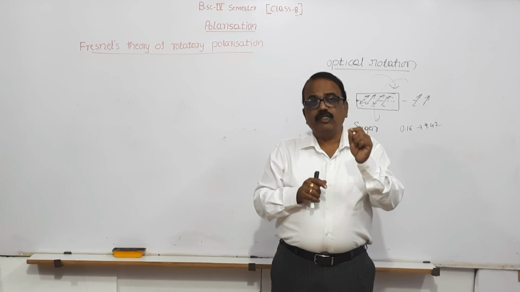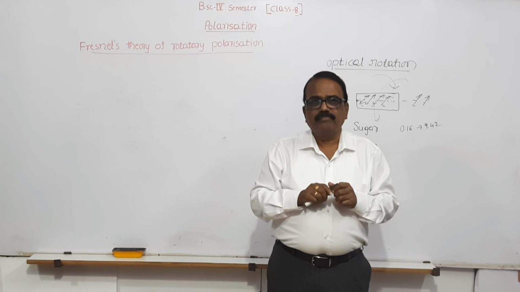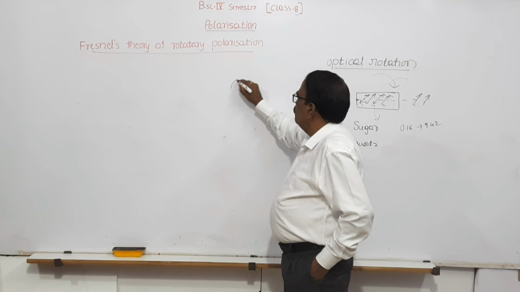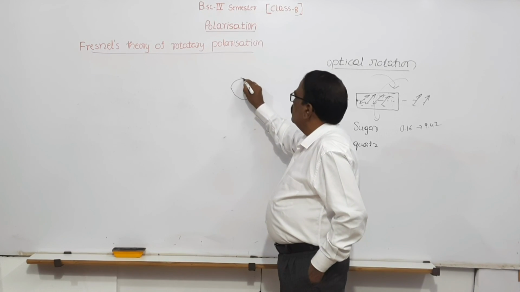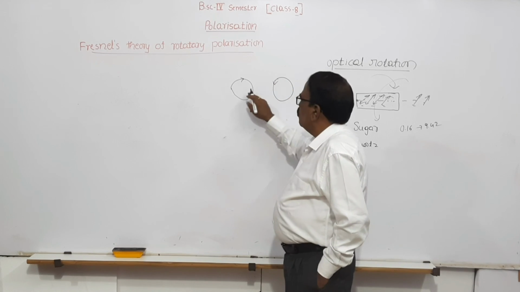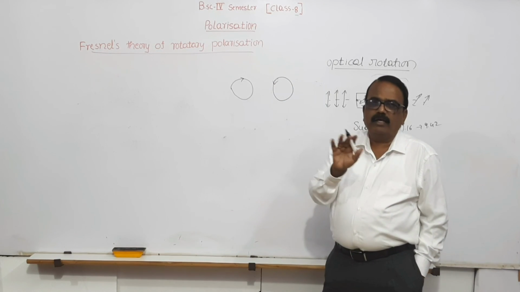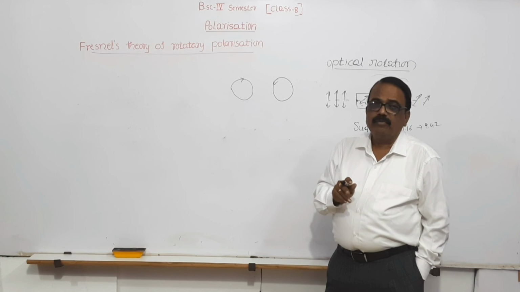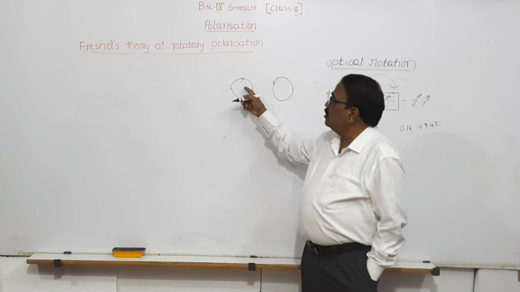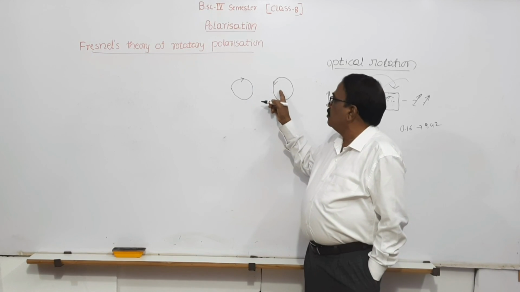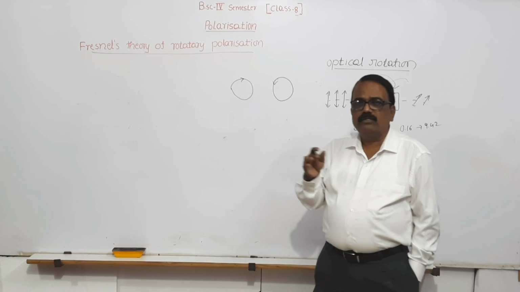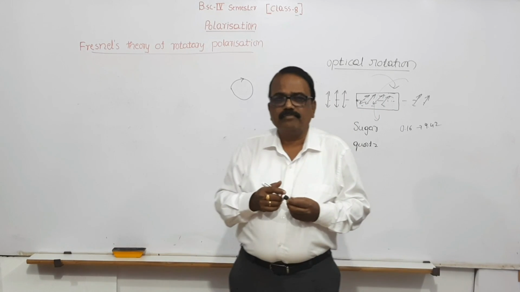In a dextrorotatory substance, the clockwise wave rotates faster than the counterclockwise wave. There exists a phase difference. In a levorotatory substance, it is different: the counterclockwise wave rotates faster than the clockwise wave. Hence, there exists a phase difference.